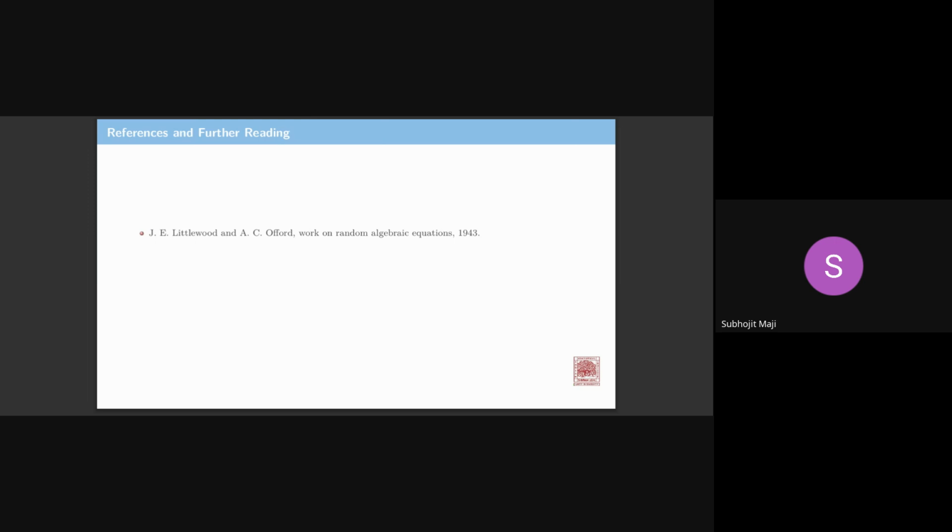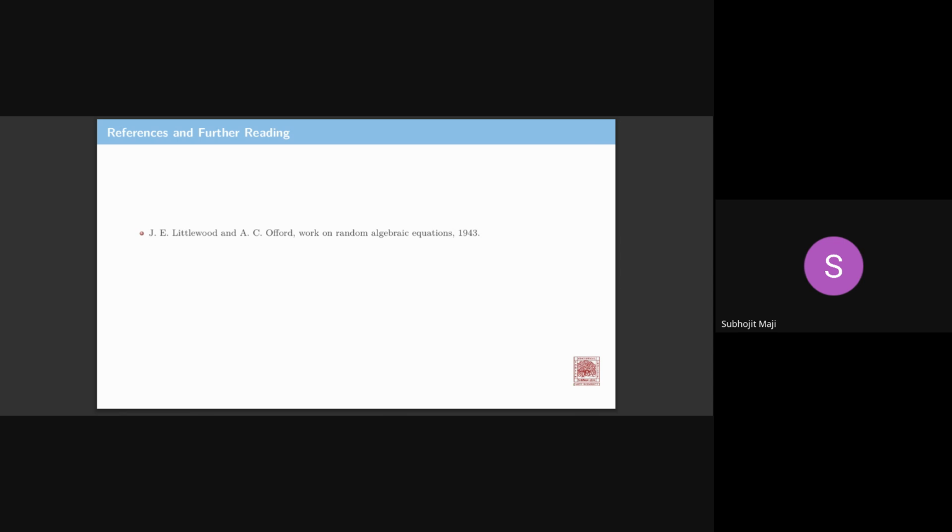If you want to read further, these are the references you can take. The first reference is by Littlewood, a paper where Littlewood and Offord discussed this problem. They said this problem actually originates from polynomials: if you have a random polynomial whose coefficients are randomly generated, what would be the roots of those polynomials?